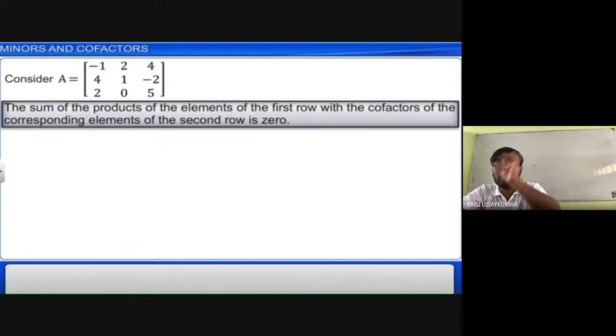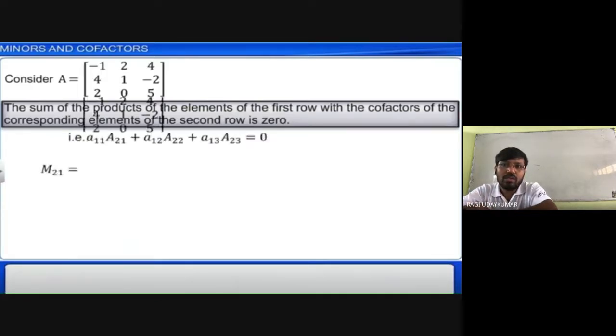That means the first row elements are multiplied with the corresponding cofactors of the second row. So we need to find the cofactors of the second row. If we multiply a11 by capital A21, a12 by capital A22, a13 by capital A23, the result becomes zero. Suppose we multiply a11 by capital A11, a12 by capital A12, a13 by capital A13, then we get the determinant of the particular matrix.